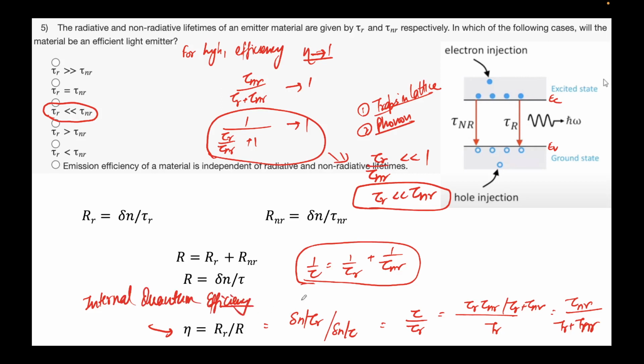This essentially tells you that of all the electrons that you are injecting, what percentage of them, note this formula, recombine through radiative means, how many of them are taking the radiation route. The more it's taking the radiation route, the higher will be the efficiency. This is the internal quantum efficiency, right? That is, what percentage of electrons have their energy converted to light energy.